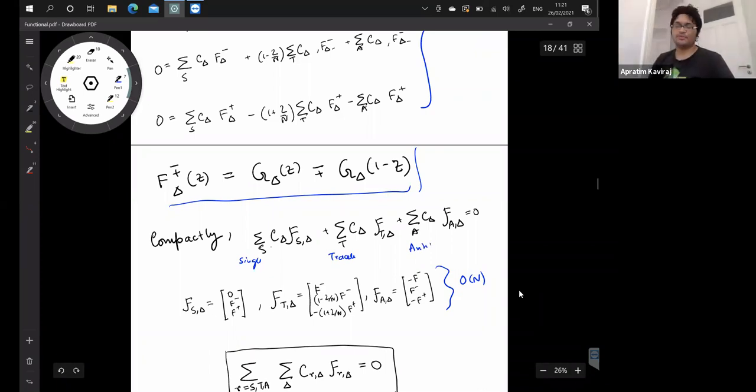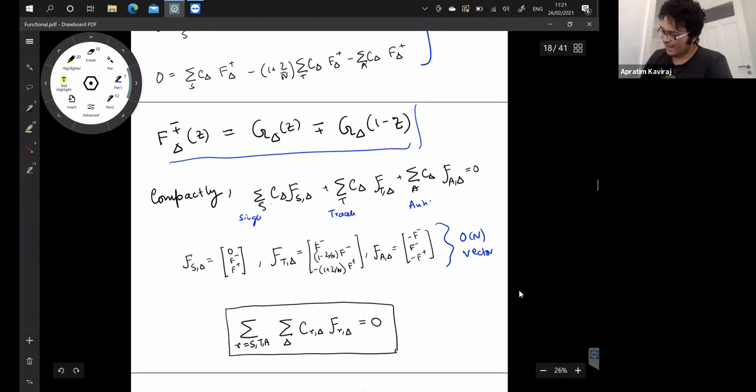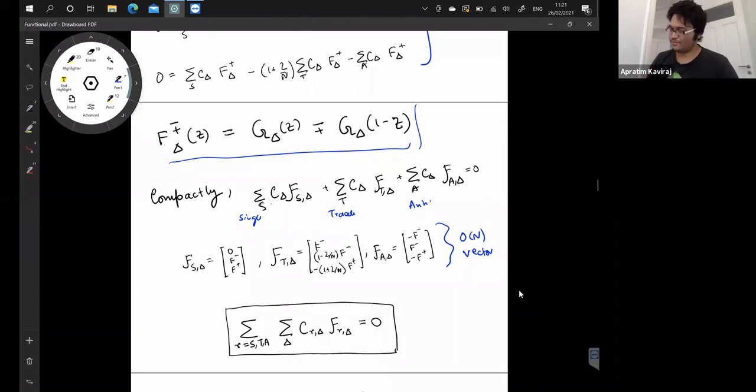There are all these 3 kinds of operators for the ON models, and for each of them you get an ON vector. They have 3 components, and you can write the 3 equations in a compact way as follows.